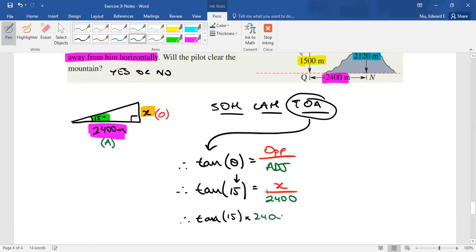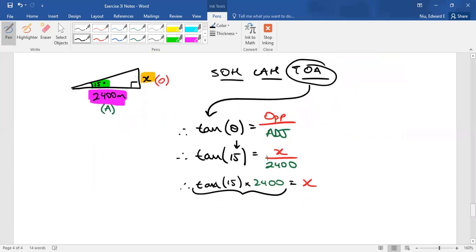So tan 15 times 2,400 equals x. Tan 15 times 2,400 gets us 643 meters and 8 centimeters, 643.08 meters. That's going to be our x.